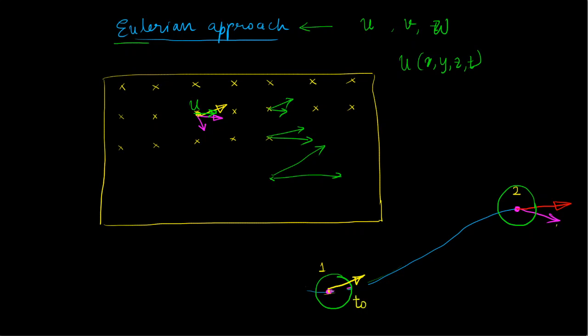The pink vector was the velocity vector at point 2 at t naught, and the red vector is the velocity at point 2 at time t. So what is the change in velocity experienced by the particle as it moves from point 1 to point 2? It initially had a velocity like this, and finally it has a velocity as shown in the red, something like this.